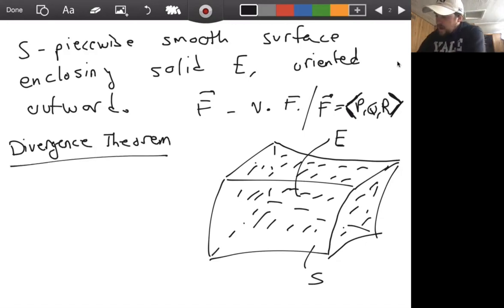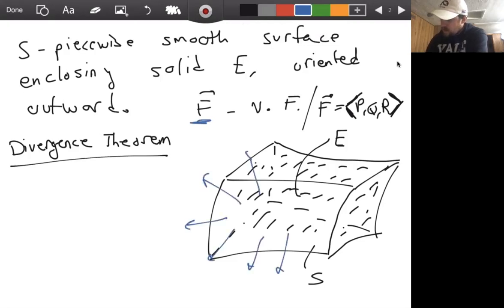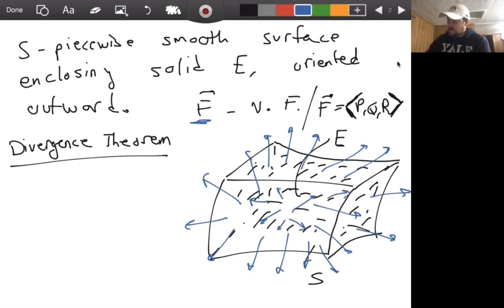Now, notice we also have some vector field. Maybe I'll indicate this vector field in blue. And I'll just represent this vector field looking like a radially outward vector field, but we know this is an arbitrary vector field, right? And so here's our vector field F. And this vector field F is over a solid E, where the boundary of E is this surface S that's enclosing this region.